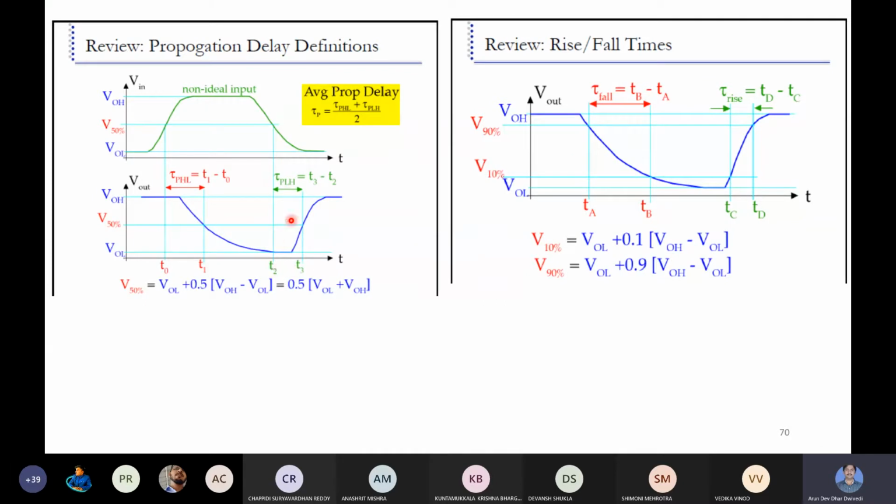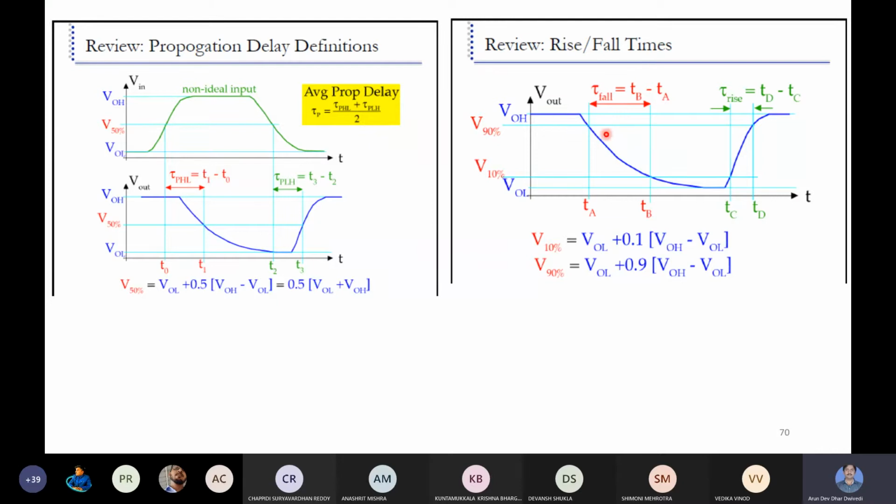So T3 minus T2 is tPLH. Adding tPLH plus tPHL and dividing by 2 gives the propagation delay. Here tP is the propagation delay of one stage of the inverter: tP equals tPHL plus tPLH divided by 2.